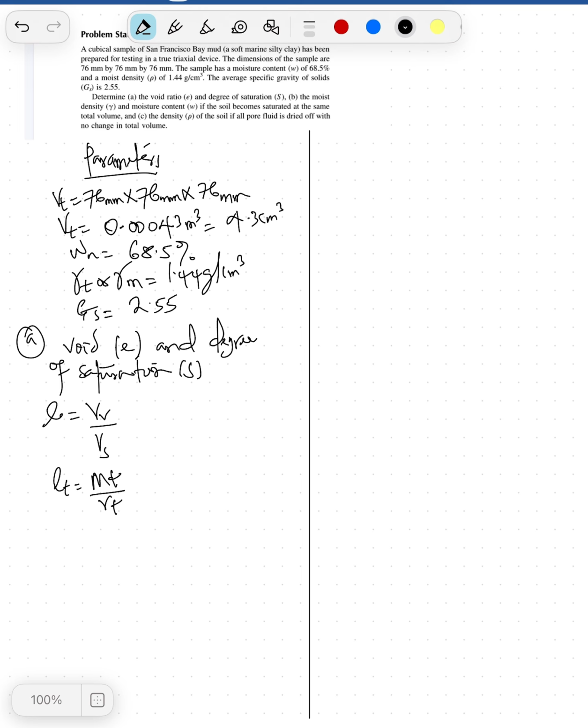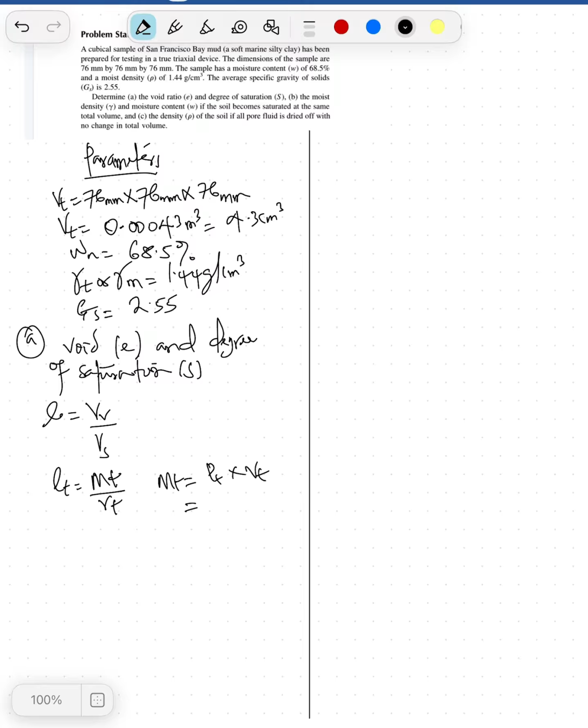So the next we're going to do is that we can obtain total mass, which equals total density times total volume. Total density we've been given in the question, which is 1.44 gram per cm cube times 4.3 cm cube.